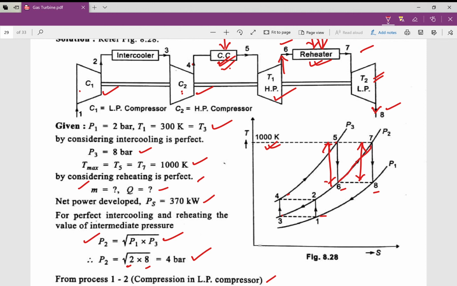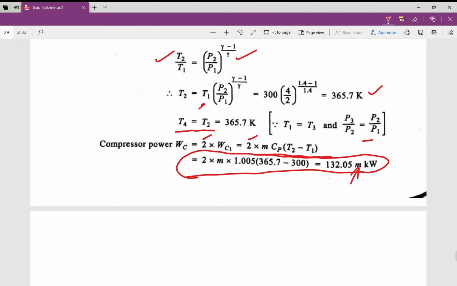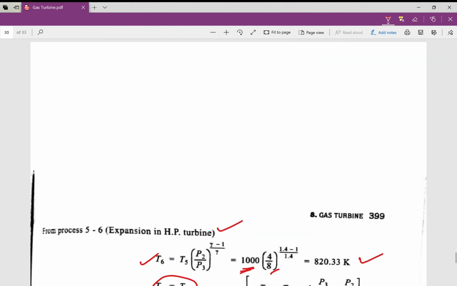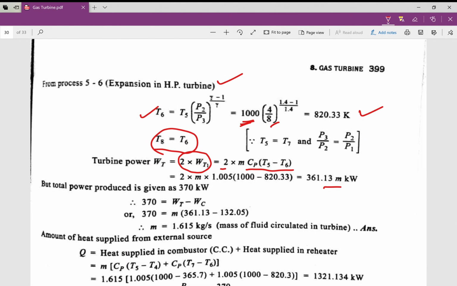Reheating is taking place in such a way that this temperature should be equal to the temperature at point 7, as I told just now. With that concept we consider like your compressor part also. Here turbine is multiplied by 2. So 2 Cp (T5 minus T6).